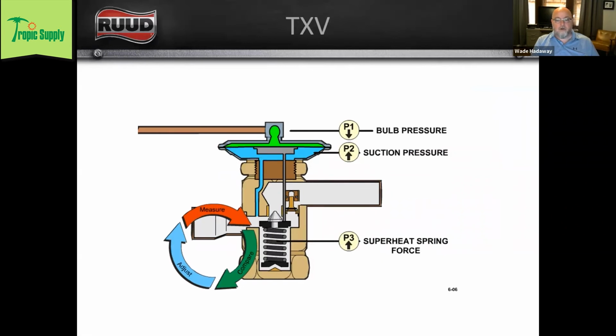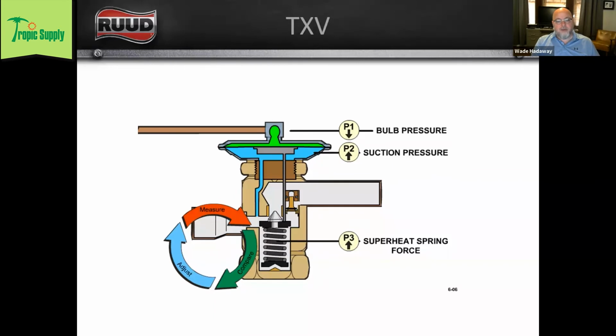So you see the green is the bulb pressure, the blue is the suction pressure, and then we've got the spring pressure down at the bottom. And the spring and the suction pressure are pushing against the bulb pressure. And as the bulb gets warmer, the pressure in that bulb and the transmission tube coming from the bulb pushes harder down against the power head.